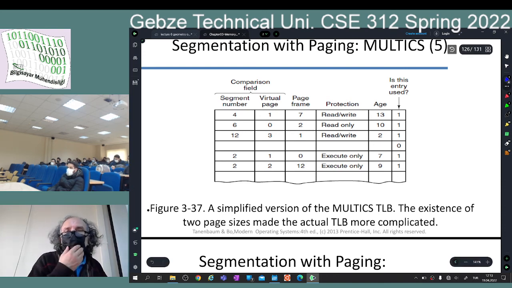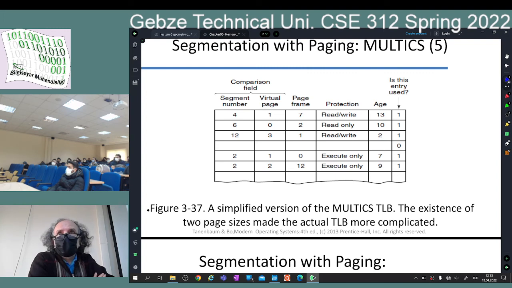What is this age? Can anybody tell me what this age is? It may be the time duration that it exists in the TLB. Yeah, how long did I have this entry inside the TLB? That's one thing. Well, let's make it FIFO. We don't like FIFO. Maybe this is the NFU with aging, right? Of course the older segments and pages get old.